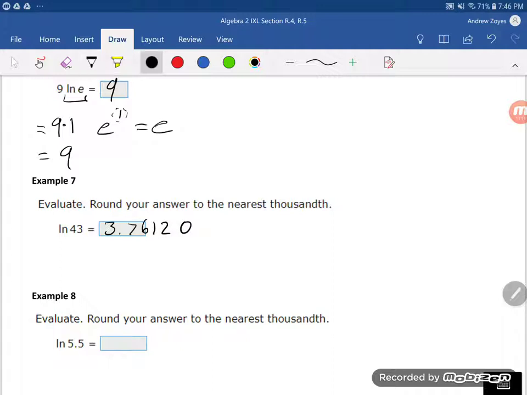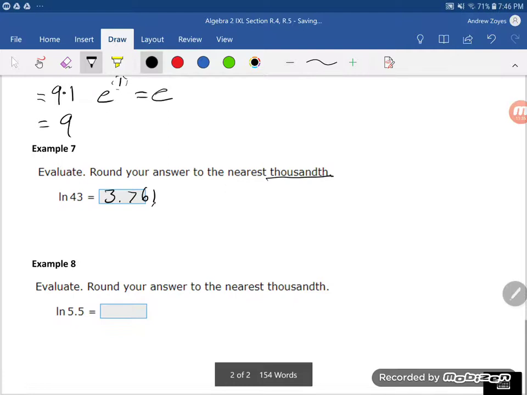I wrote out more decimals than I need. Remember, I need to round to the nearest thousandth, so I'm going to chop off right here, but I need to determine if my 1 goes up or down. Well, it has a 2 next to it, so it's just going to stay the same. So I will get rid of the rest of them and just keep the 1.